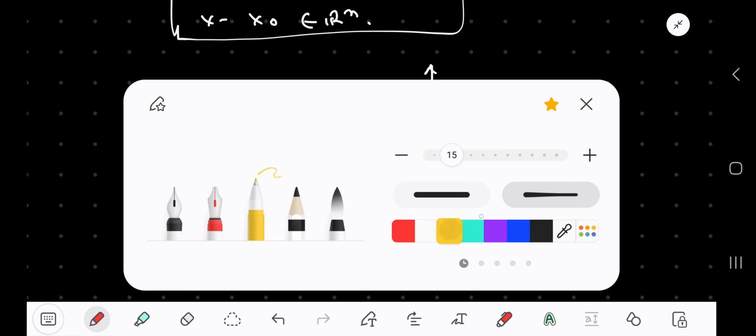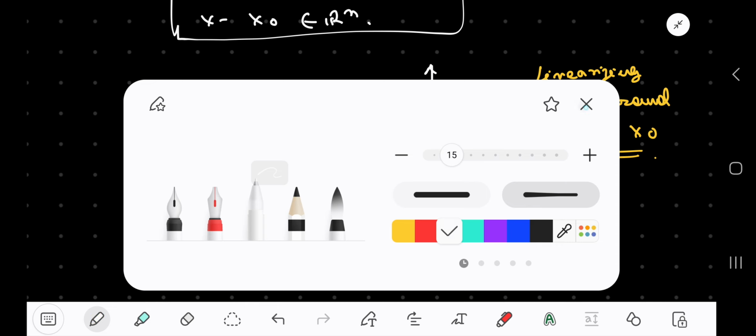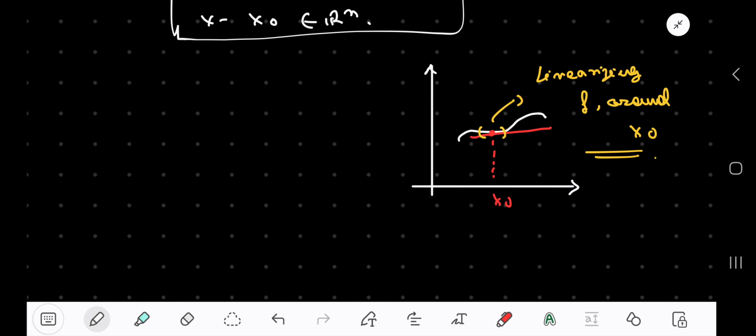So what we are actually doing is that if I consider a small neighborhood around this point, we are linearizing, right? We are approximating f by a linear function, because this tangent is a line, it's a linear function, linearizing f around x naught. In other words, we are approximating f in the region around x naught by a linear function. This is what we call approximating by a linear function or linearizing in some sense.